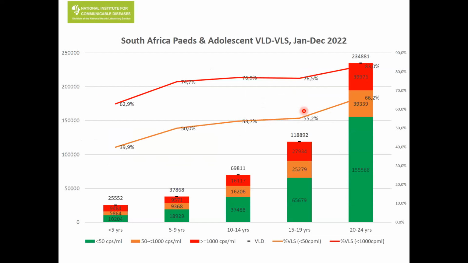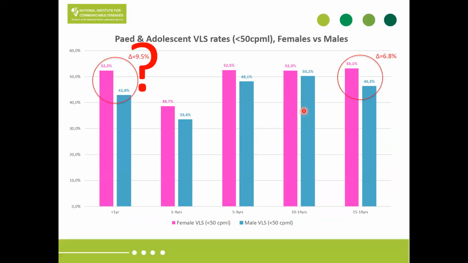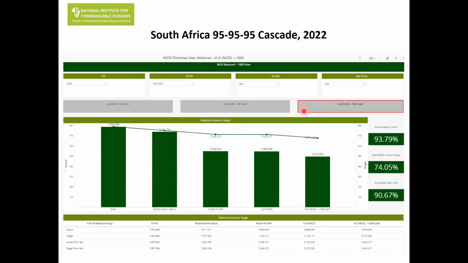Yes. In terms of monitoring, where we look at the UNAIDS targets and cascades of 90-90-90, or what's now referred to as the 95-95-95, obviously we need to talk the same language across the globe in terms of what we are actually monitoring. So this 95 cascade defines suppression at less than 1,000.